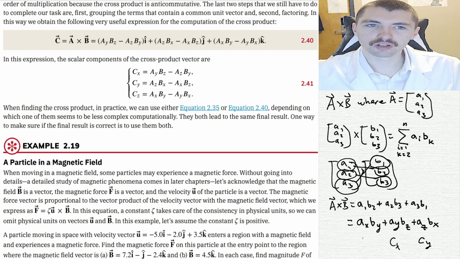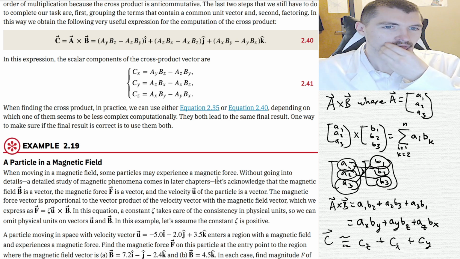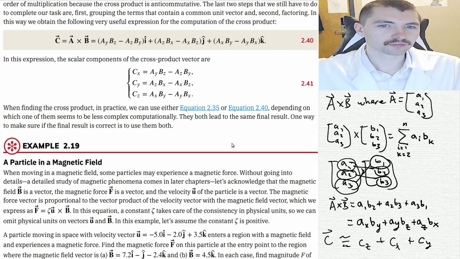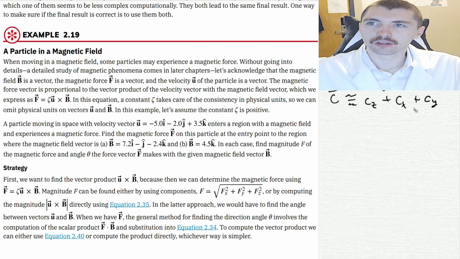This is just rough, very speculative, but AXBY might be your CZ. Might be. Okay.